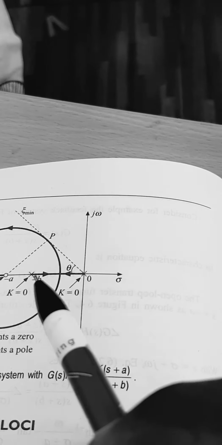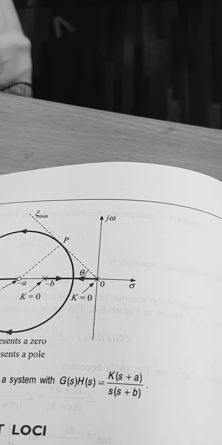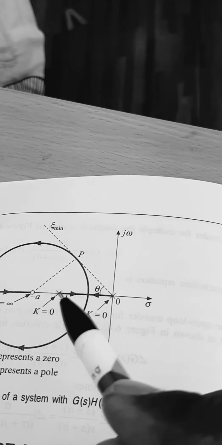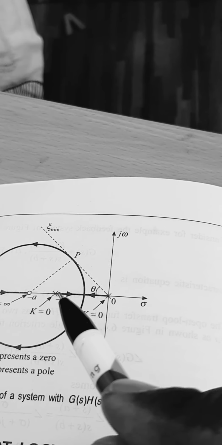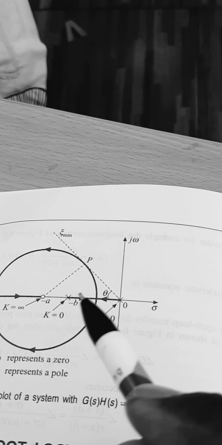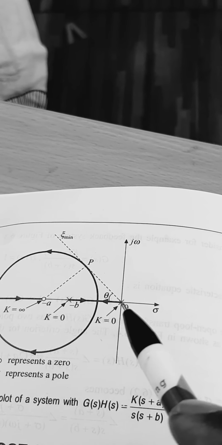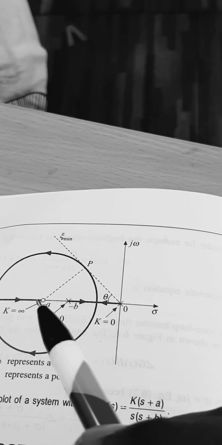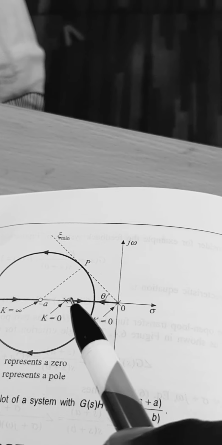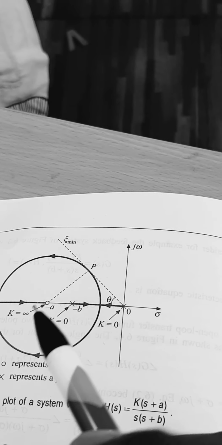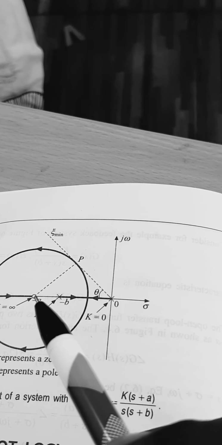So this segment is also part of the root locus. Now again as per the rules, here there are two poles and one 0. So the root locus starts from a pole and it will end at the 0.